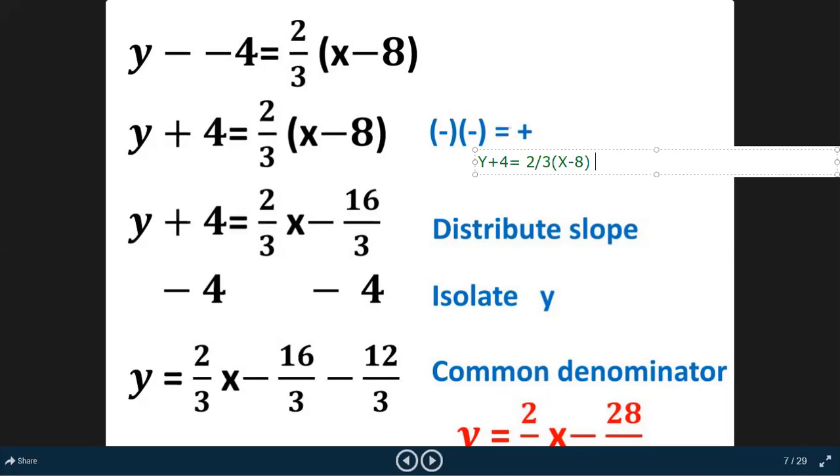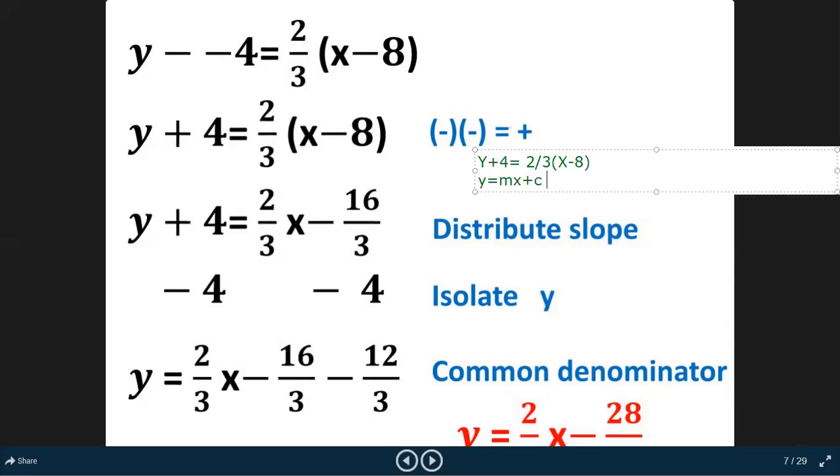It's written in which form? Point-slope form. And we want to rearrange to write it in which form? The slope-intercept form. Then y will be equal to mx plus c or plus b. So what do we have to do?